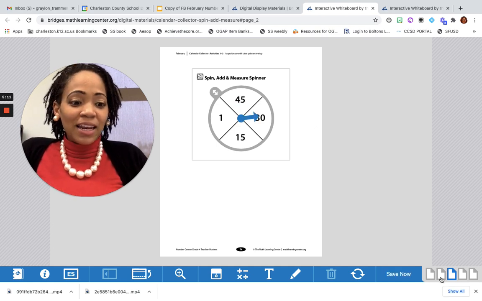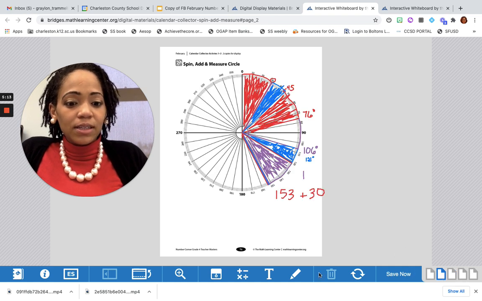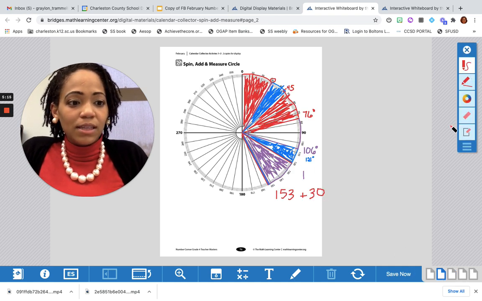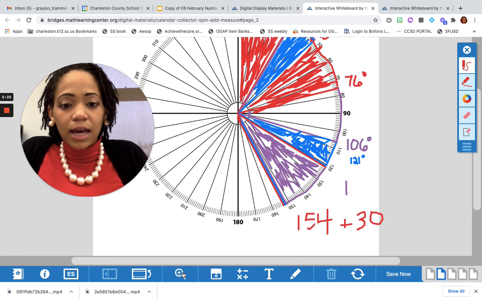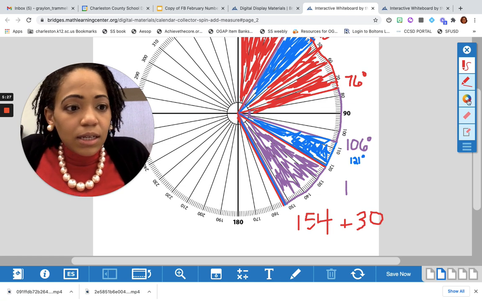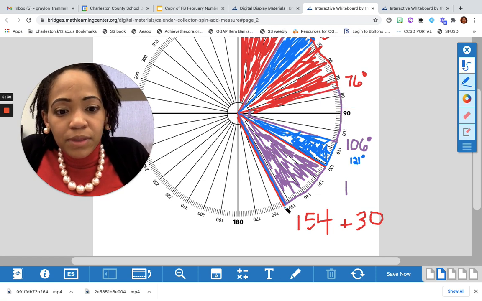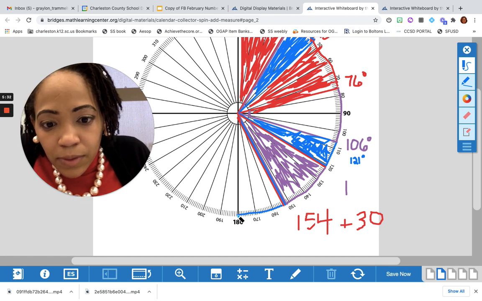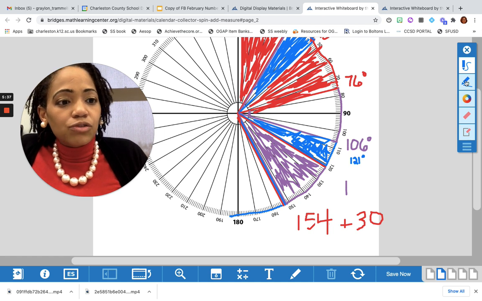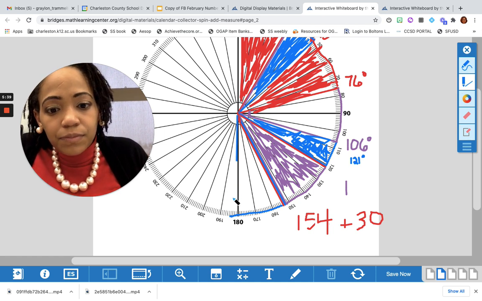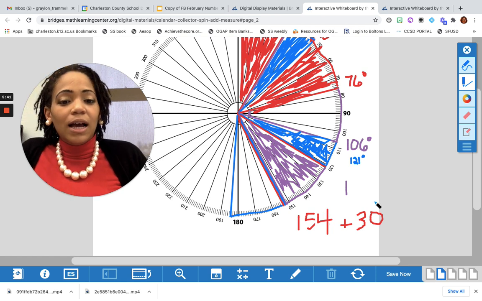Oh, we're adding another 30 degrees. So here's where I told you I made a mistake. This is actually 154 plus 30, which we now know is 184. So I'll go ahead and highlight that for us in color blue. Here's my arc. I'm going all the way to 182, 83, 84, and I'm going to make a straight edge from there. And now I need to add in another 30 degrees to that.